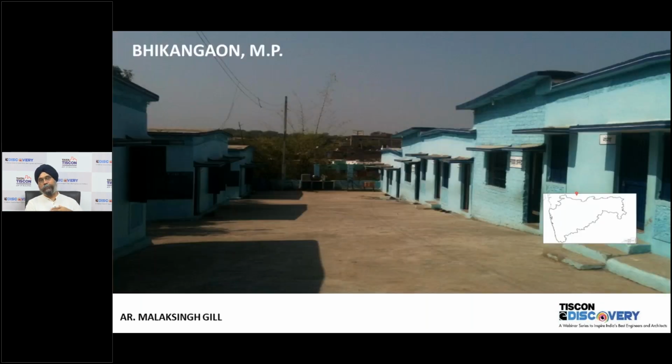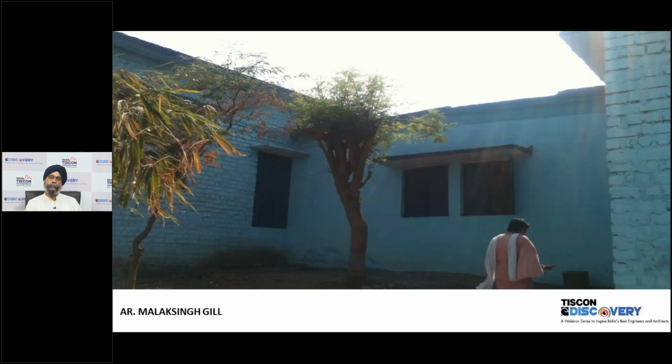This is a project in MP where we had helped a local NGO to basically expand their hostel space. So there were spaces between rooms like this. You had these kind of squarish spaces, and they wanted to cover it, they wanted to roof it so that they could add a classroom.